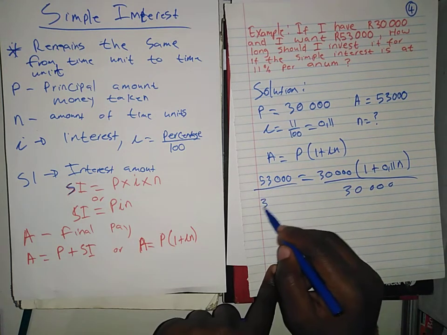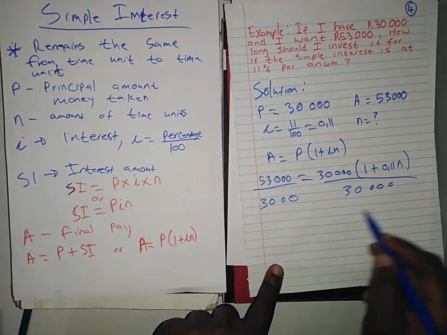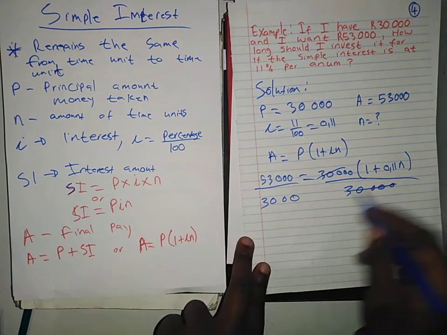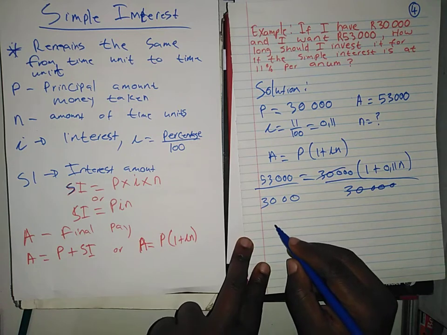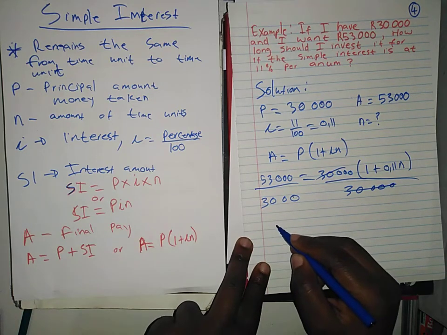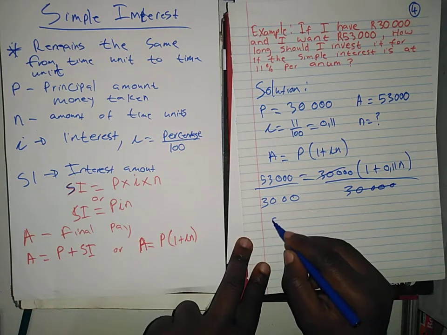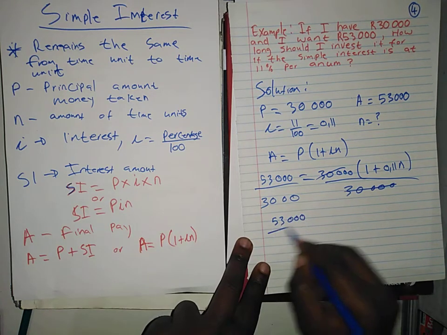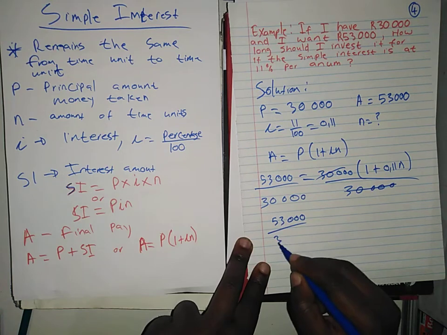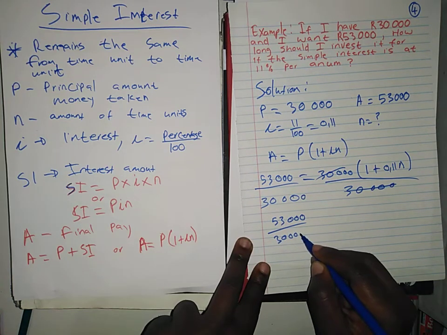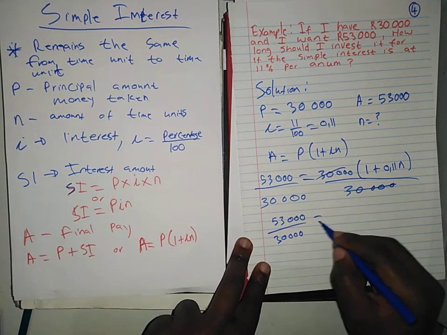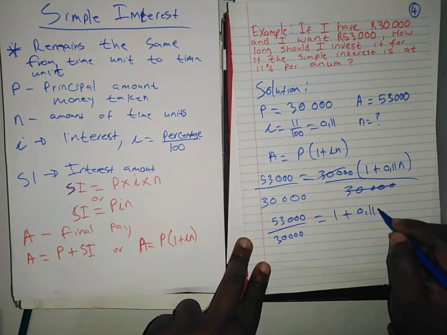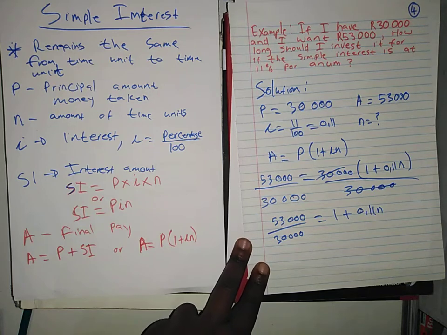So this cancels this, and then you will have 53,000 over 30,000, which is equal to 1 plus 0,11 n. Can you see that?